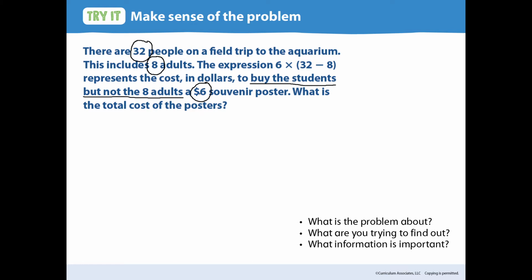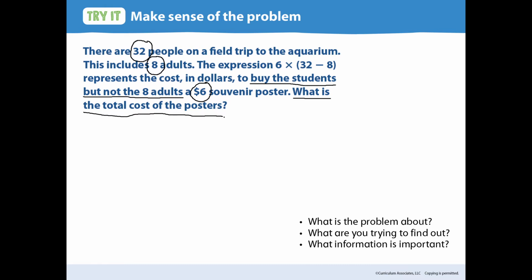So we're going to have to figure out how many students there are, and then figure out how much it costs to buy each of those students a souvenir poster. What we need to figure out is, what is the total cost of the posters? Pause and find your answer, and then press play.